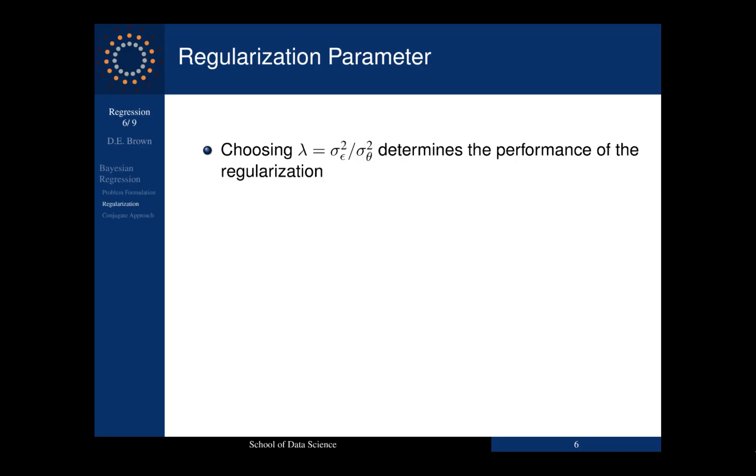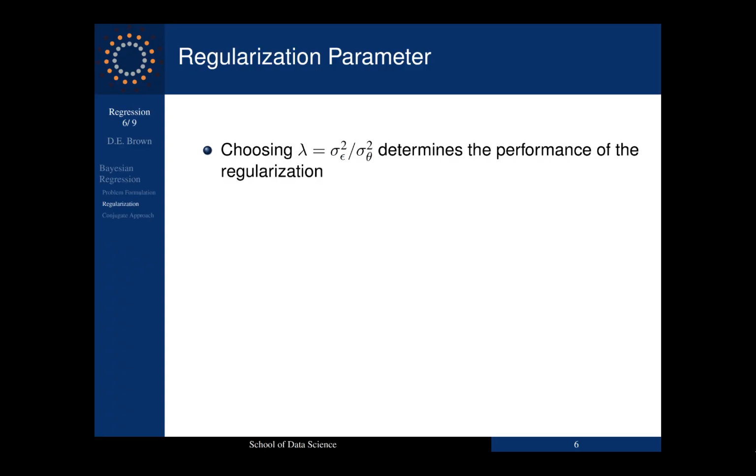In general, in ridge regression, choosing the lambda actually determines the performance of how we regularize the problem, which means we reduce the number of variables, or we downweight the number of variables, in order to get a better solution, a solution that generalizes better in our problem space, which is what we mean by regularization.